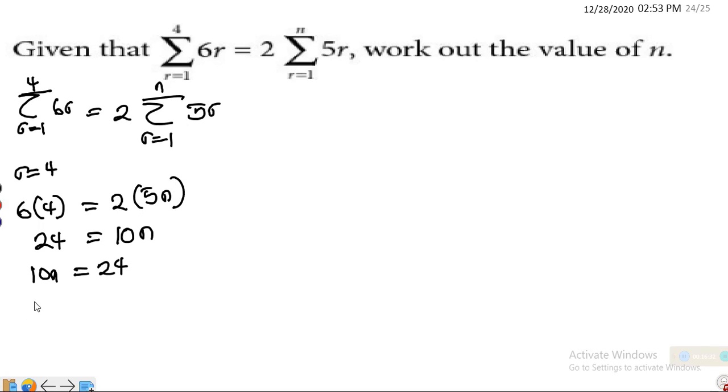Okay, so n equals 24 over 10, which is 2.4. So n equals 2 and 4 over 10, which is actually 2 and 2 over 5.